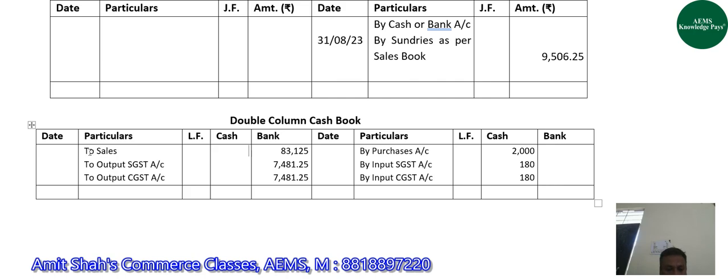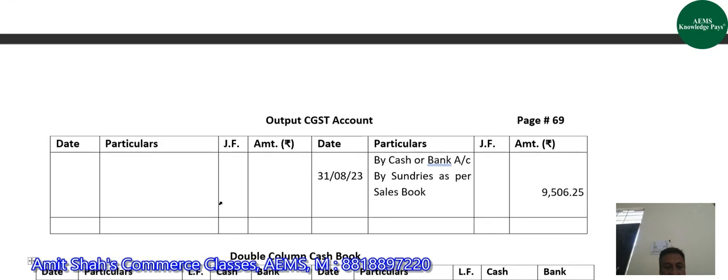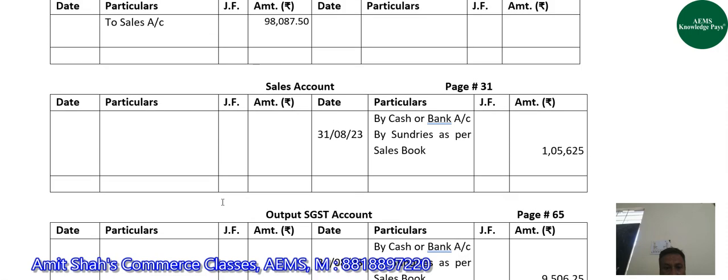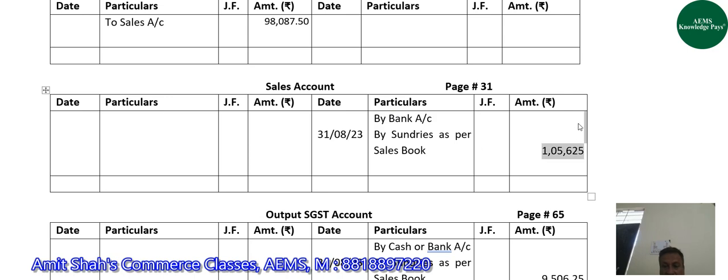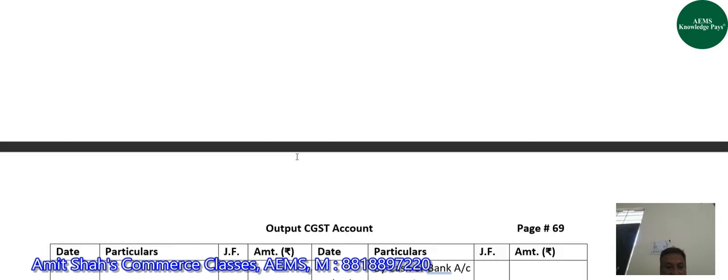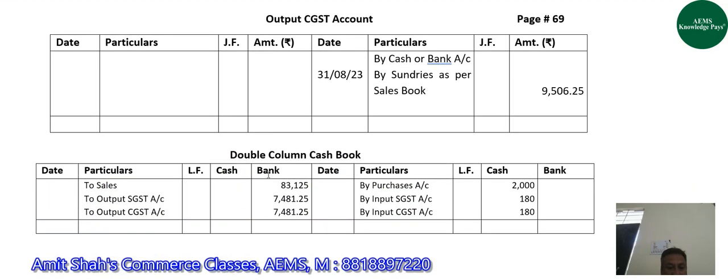Now, from cash book, they would be posted in their respective accounts. So in sales account, we will record it first. So in sales account, we will write here by bank account, and the amount is 83,125. So this is how we have debited bank account with 83,125 and credited sales account with 83,125.